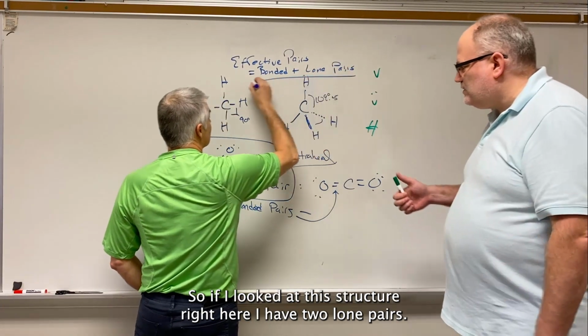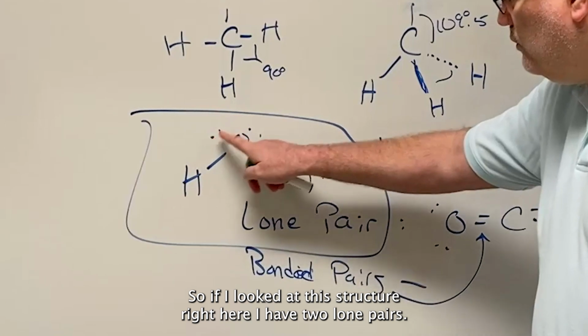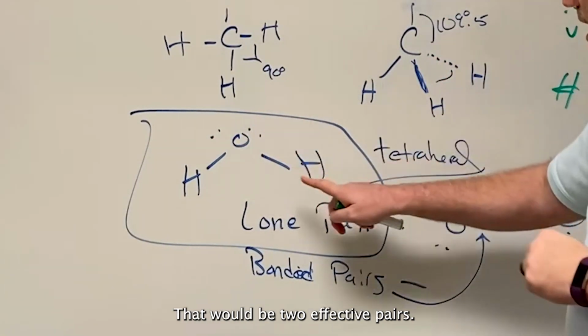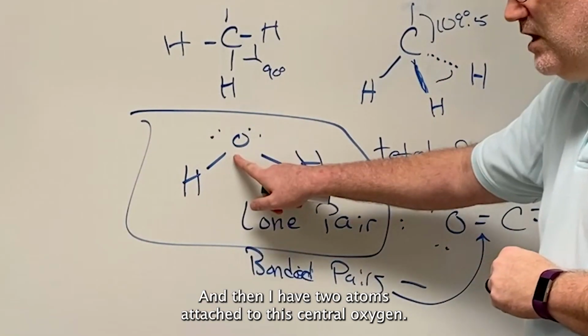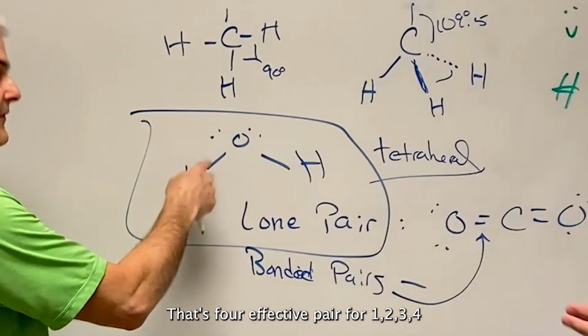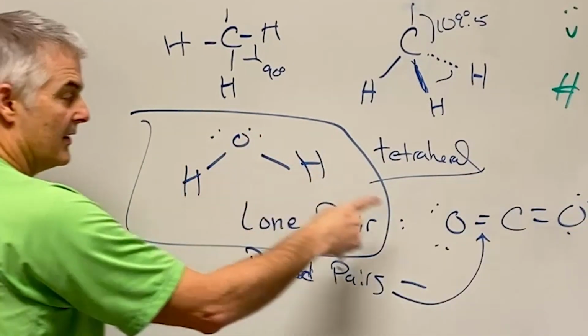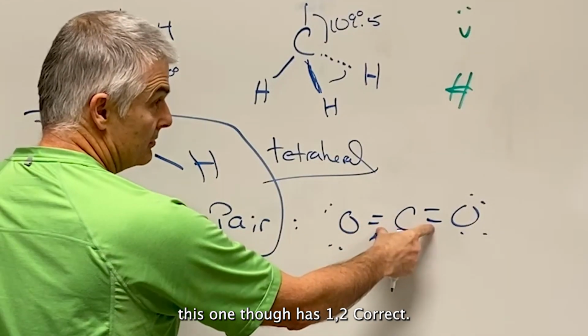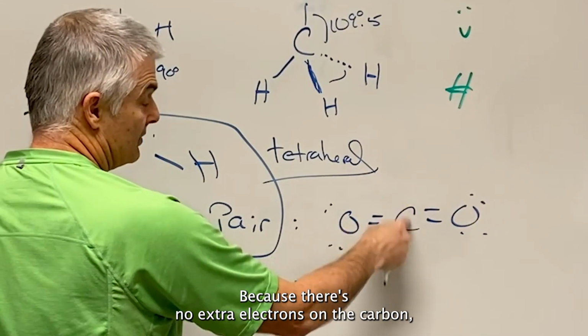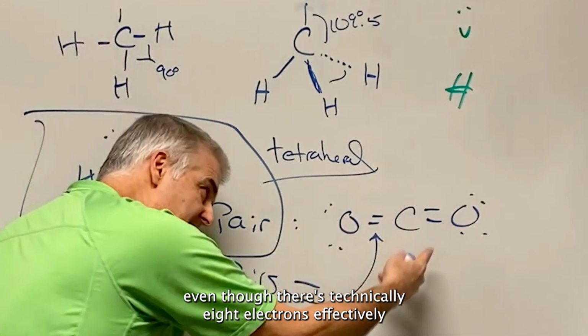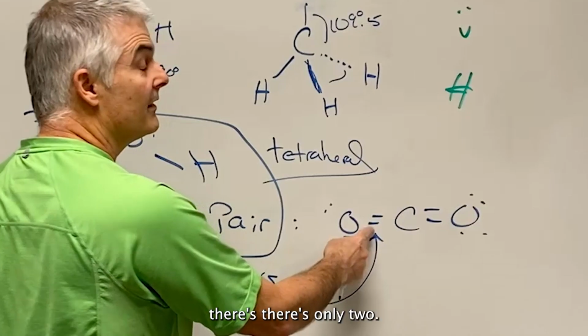So if I look at this structure right here, I have 2 lone pairs, that would be 2 effective pairs, and then I have 2 atoms attached to this central oxygen. So that's 4 effective pairs: 1, 2, 3, 4. This one, though, has 1, 2. Correct? Because there are no extra electrons on the carbon. Even though there are technically 8 electrons, effectively there are only 2.